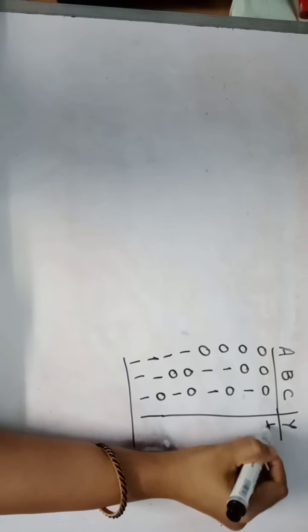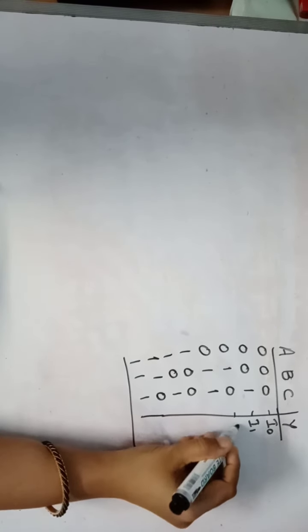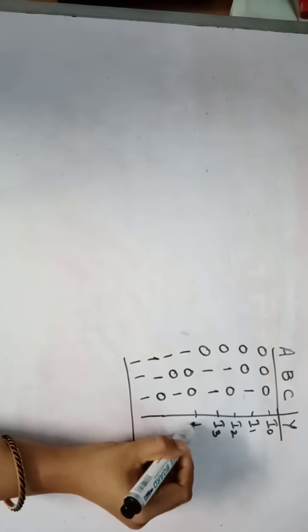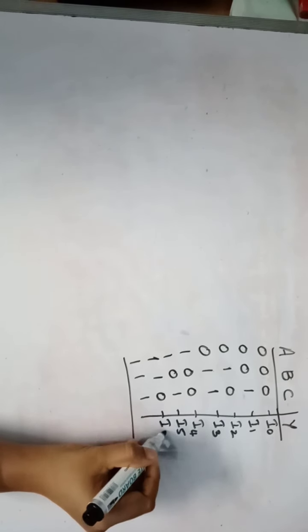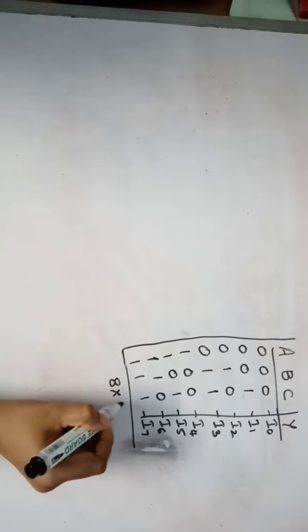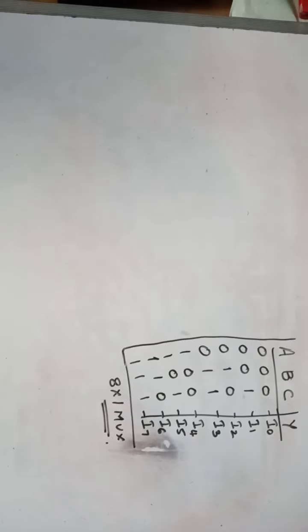So 0 0 0 will be I0, I1, I2, I3, I4 is selected, I5 is selected, I6 is selected and I7 is selected. So this is your truth table for 8 by 1 mux. This is what you need.